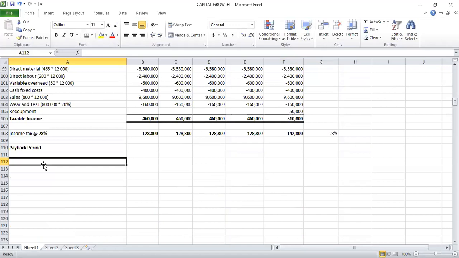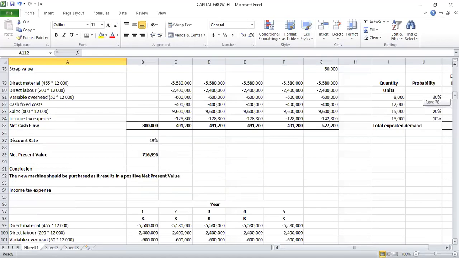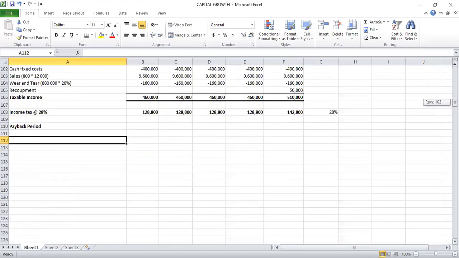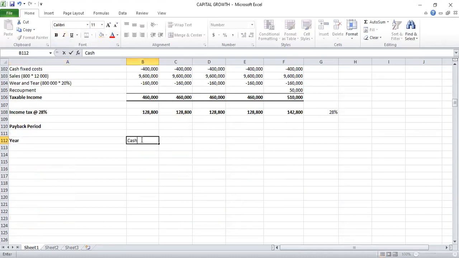So the company will be interested in when their money would be received back. That will be their major interest. All right, so we can say here, cash flow, cumulative cash flow.